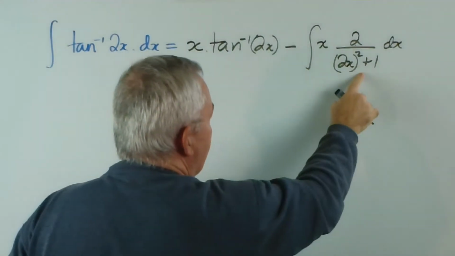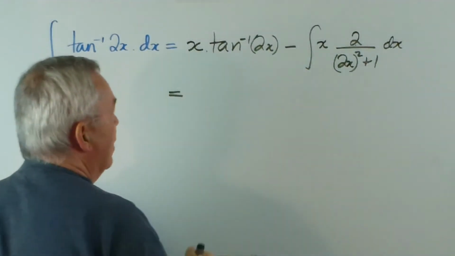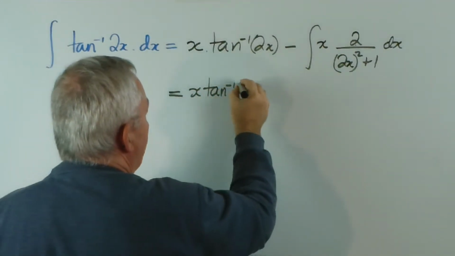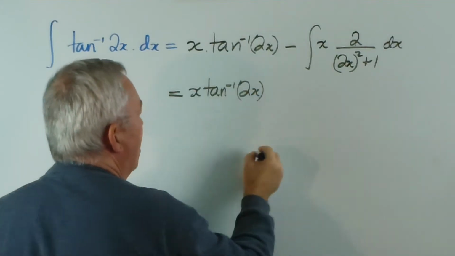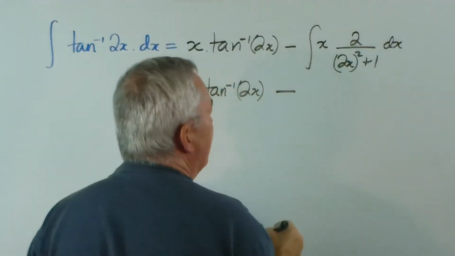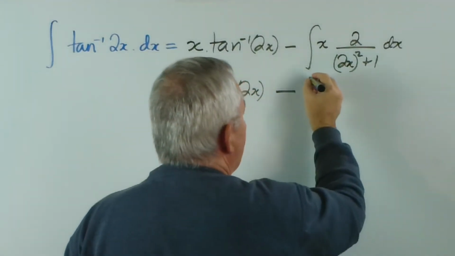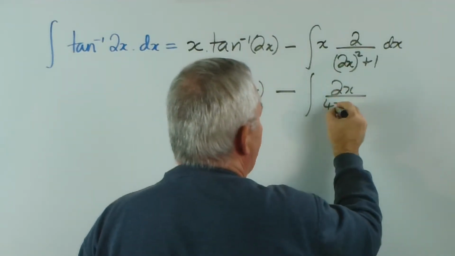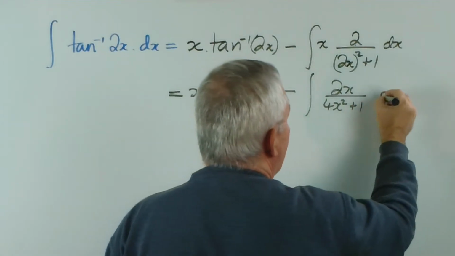And you can see that this is a vast improvement on that. Here we have x tan inverse 2x minus, and this, let's write it, 2x on 4x squared plus 1 dx.